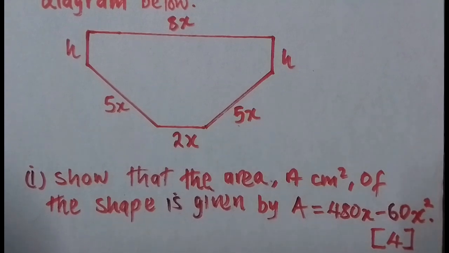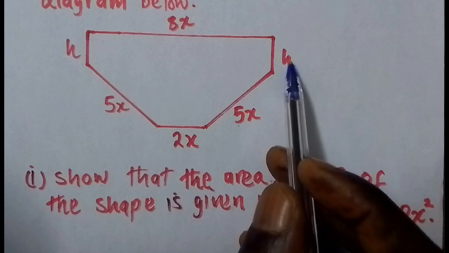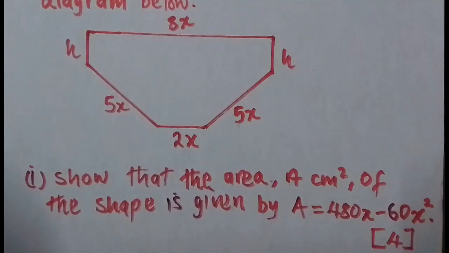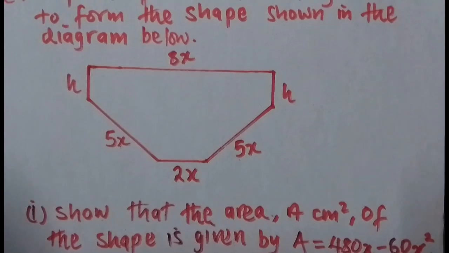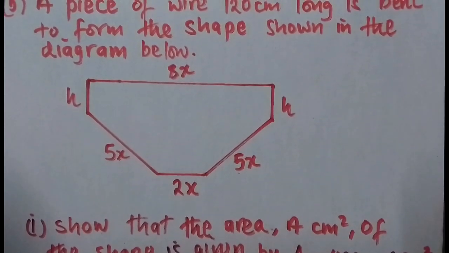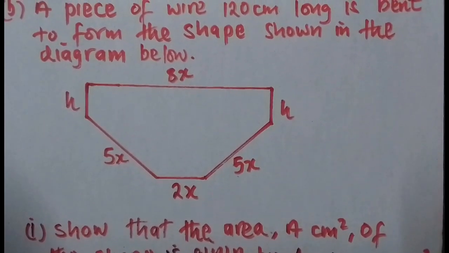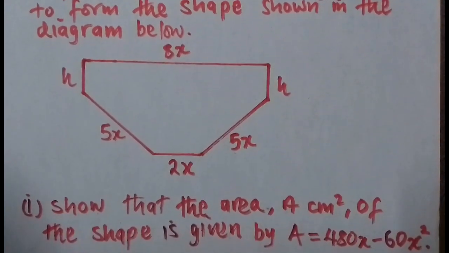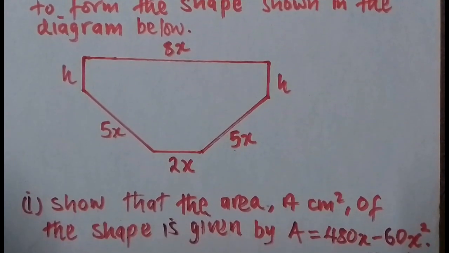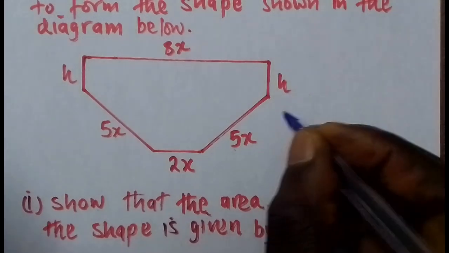To find an equation that will be in terms of h, we are going to use the information given above, that a piece of wire 120 centimeter long is bent. So it is bent to form the shape shown in the diagram below. So we are going to add all the sides given and equate to 120.